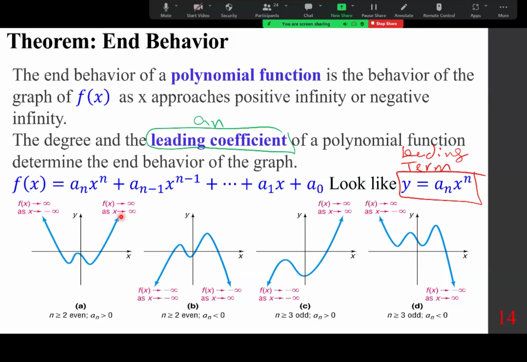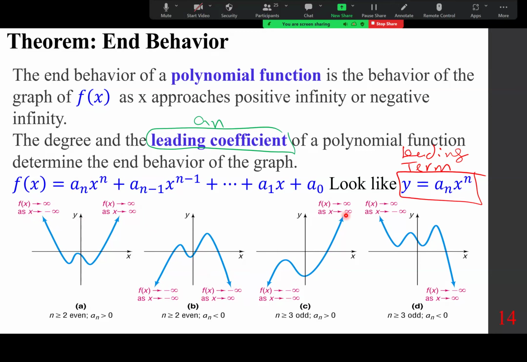F of x goes to infinity as x goes to infinity. This one is the same type of function. The difference is it opens down, so the value for a sub n is positive in this case, it's negative in this case. So when x goes to negative infinity, so does y or f of x. Remember, f of x means y. When x goes to infinity, y, f of x goes to negative infinity.